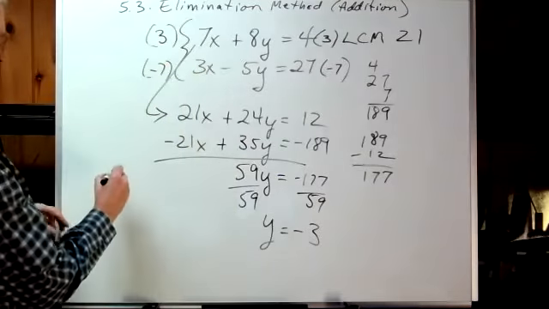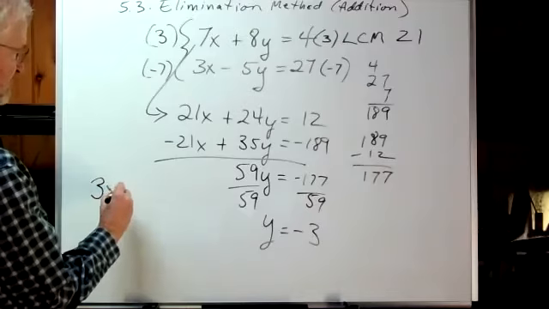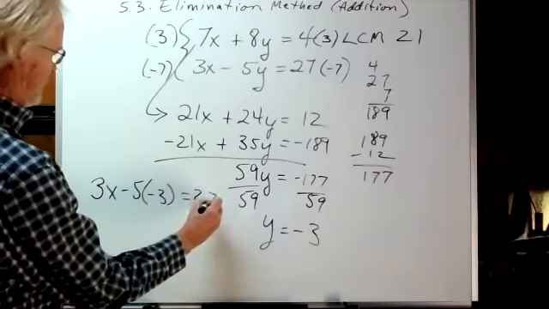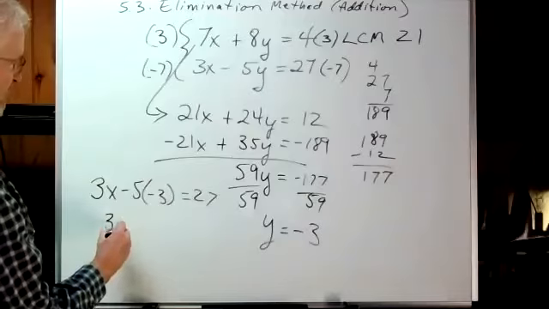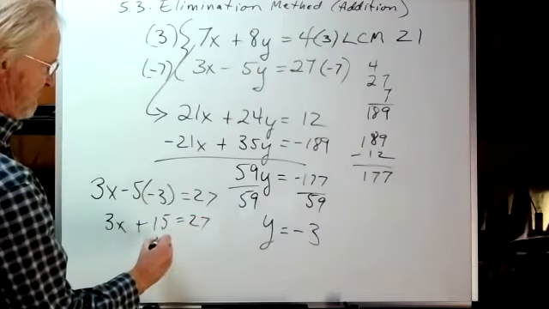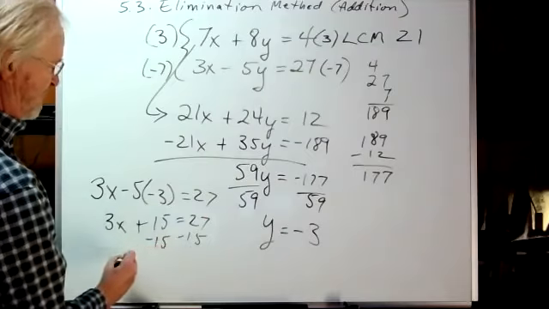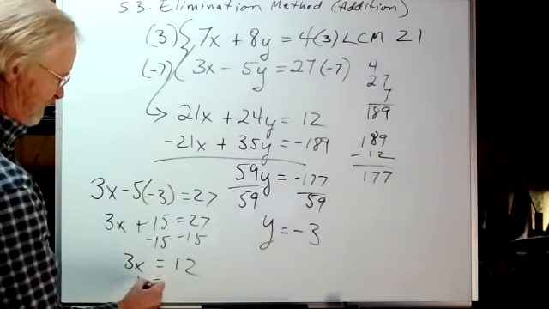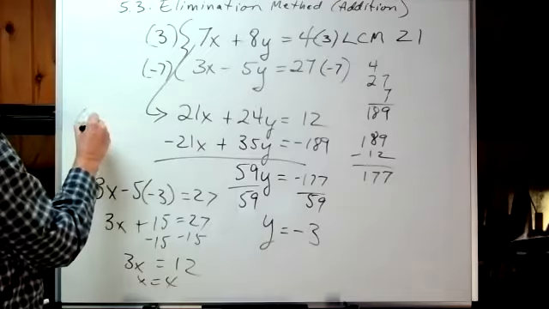Let's say 3x minus 5 times -3 equals 27. 3x plus 15 equals 27. Subtract that. 3x equals 12. X is 4.